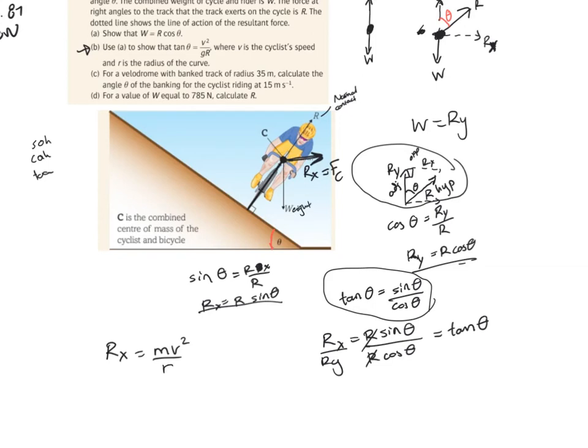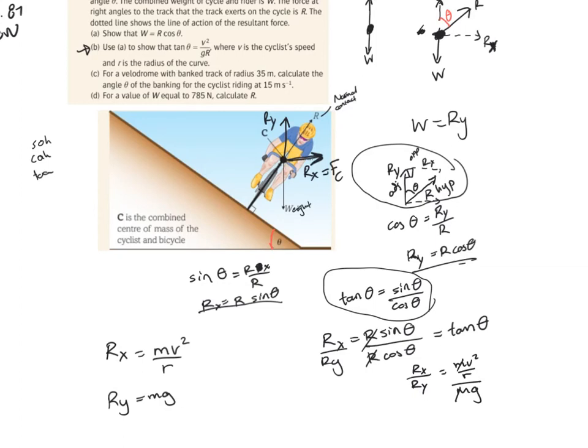So mv squared over R is Rx, and we also know that Ry is the force that is the component that counteracts the weight. So it's equal to the weight, which is equal to mg. If I write down this expression again, Rx over Ry is equal to mv squared over R divided by mg.